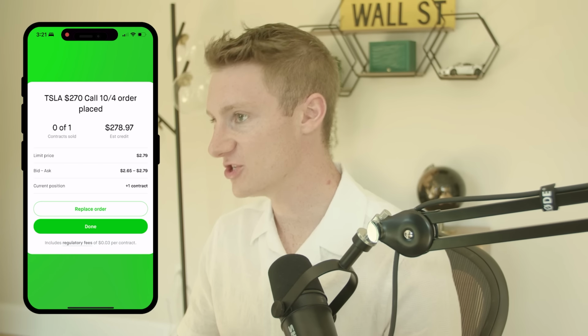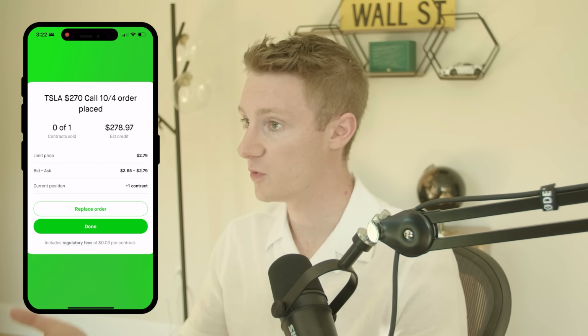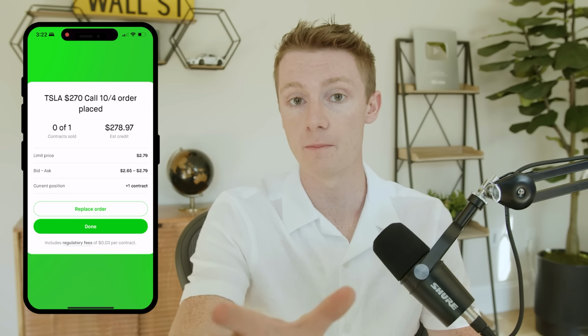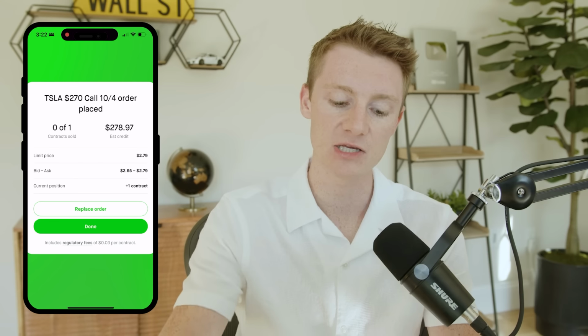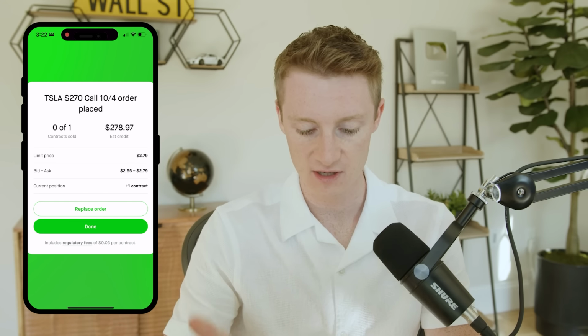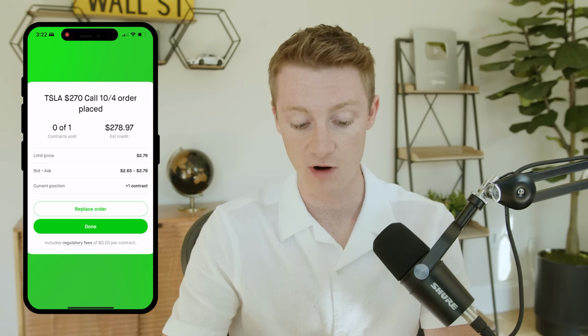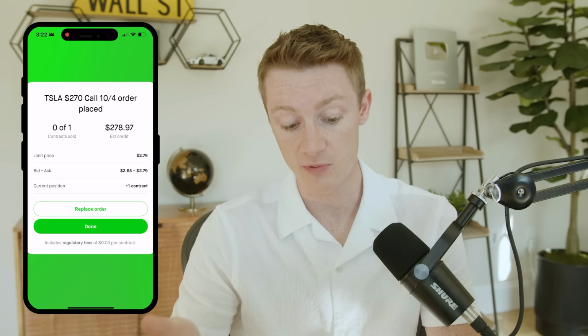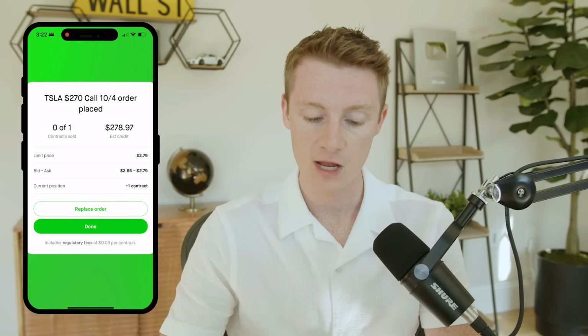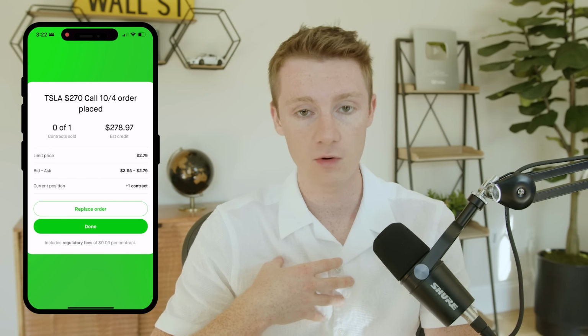So what we have just done is put this contract we own on the marketplace, and we are saying, hey, all buyers out there, if anyone wants to buy from me, I will sell to you at $278. There's going to be a little difference here because of the fee. Robinhood takes 0.03 per contract, but this is what I am looking to sell these contracts for. Someone can come in and buy them from me, or they might not.